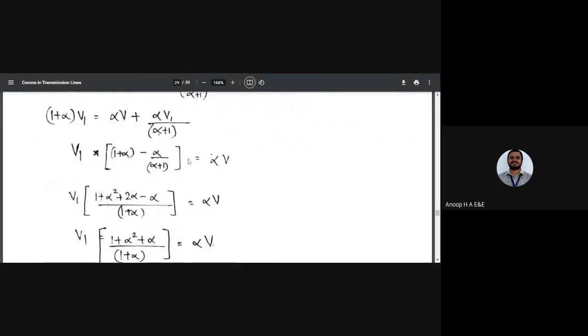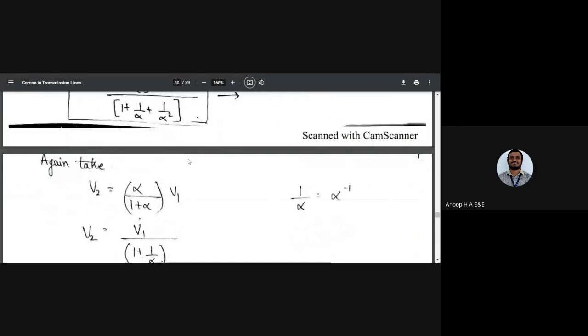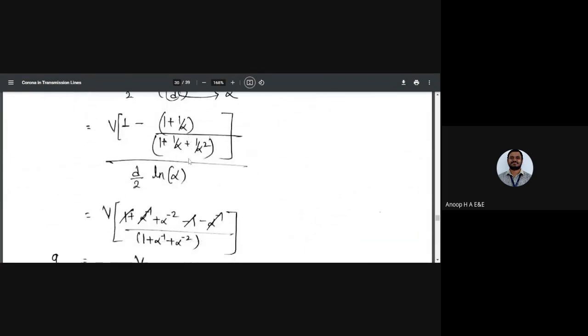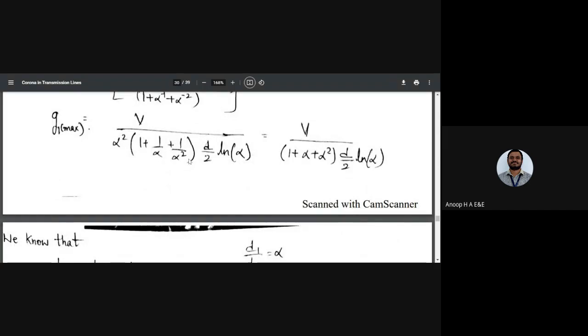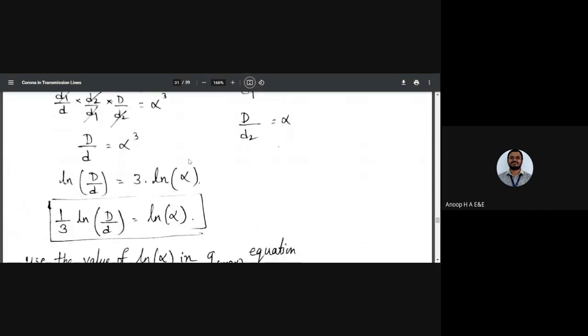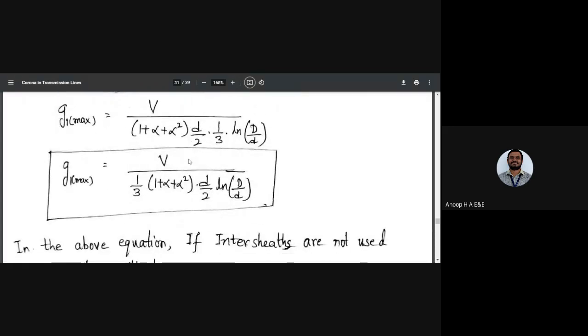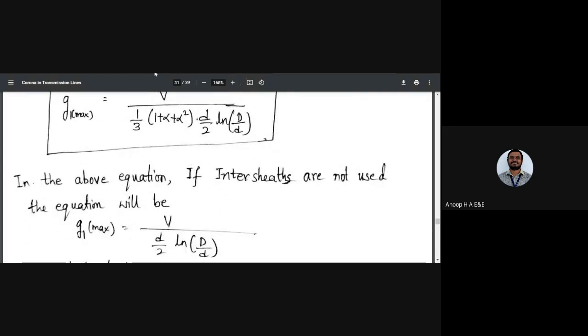We are expressing it in different parameters, V1 and V, and obtaining what G max is. So the value of G1 max gets reduced by one third of 1 plus alpha squared.